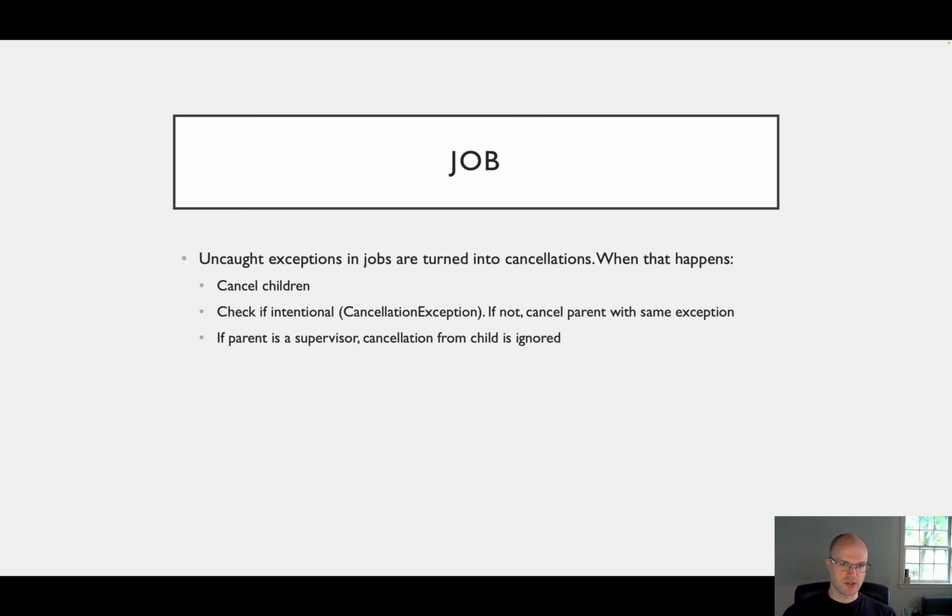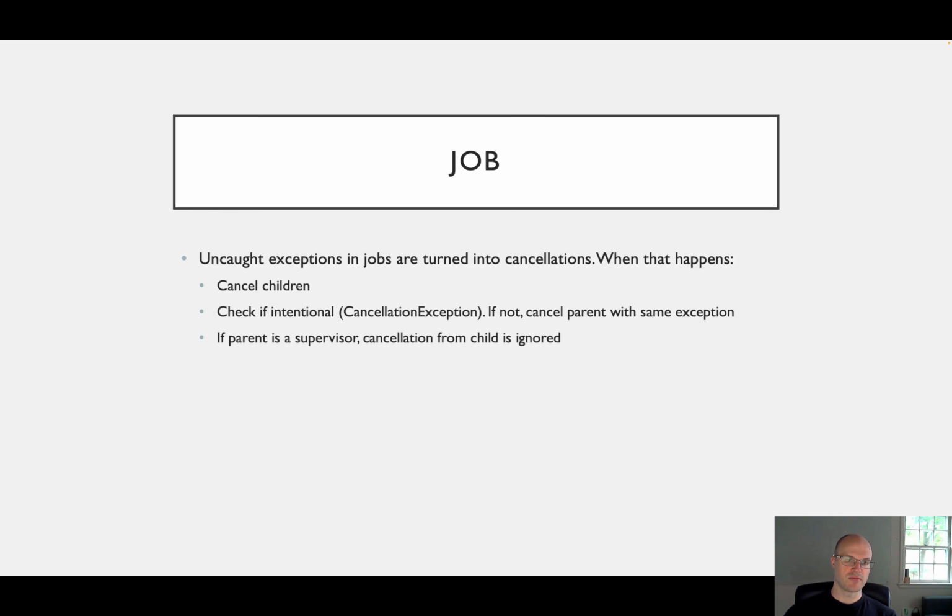The second thing we do is we check for a specific kind of exception. What kind of exception caused the cancellation in the first place? And if it was this specific type, cancellation exception, or some subtype of that, we consider that to be an intentional cancellation. This is the type of exception that is used specifically to indicate that someone actually requested this job to cancel.